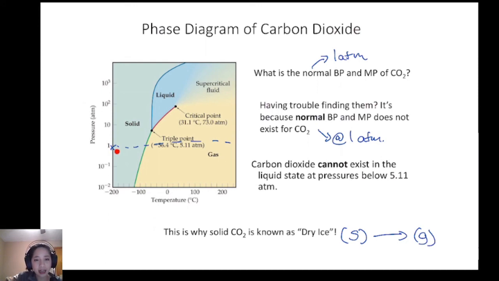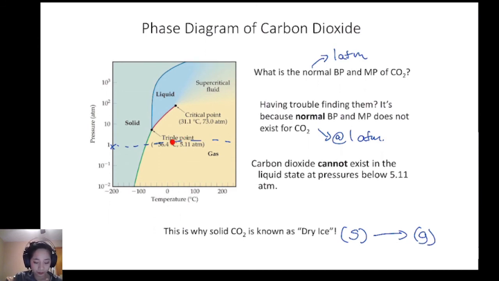At 1 atm on Earth, solid CO2 will become a gas anywhere above negative 100 degrees Celsius, which is pretty dang cold. We live up here in the 22 degrees Celsius realm, right? So all of that solid dry ice will sublimate and turn from a solid to a gas. So this is our sublimation. That explains why dry ice behaves the way it does.